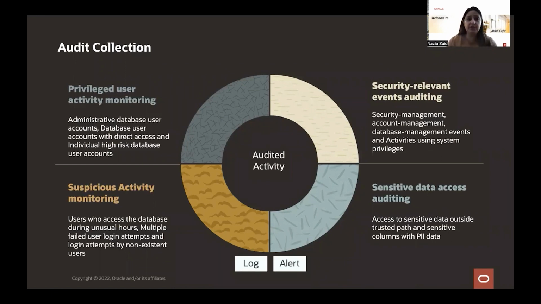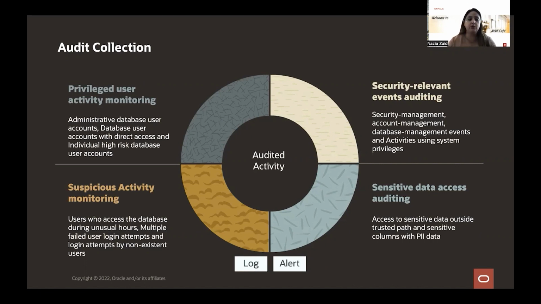And finally, suspicious activity. So understanding all these three types of events which we are collecting from Oracle database or non-Oracle database coming to the Audit Vault, we are massaging that data, and finally making sure what is suspicious activity around that.